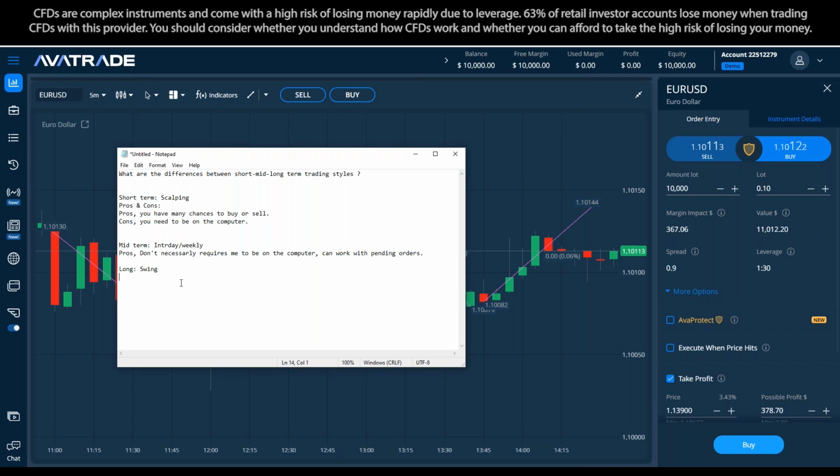Long term, from the other end, let's say the pros again. I can trade even less than in here. But the cons are that I don't have a lot of control over my position because they're long-term based.